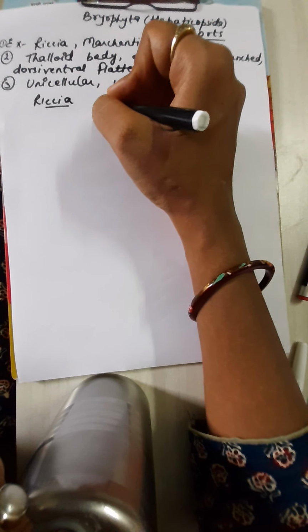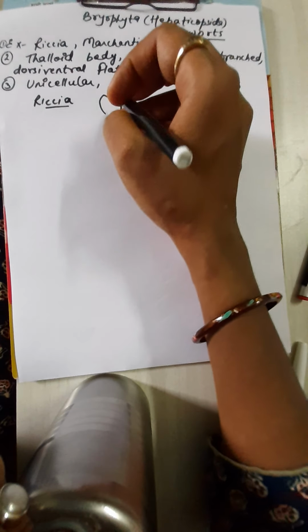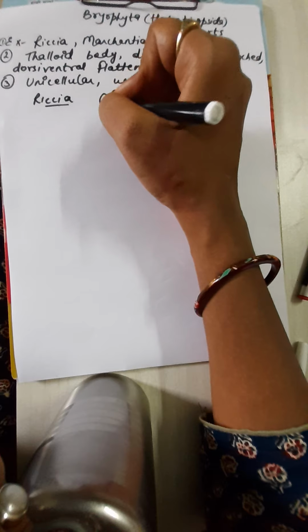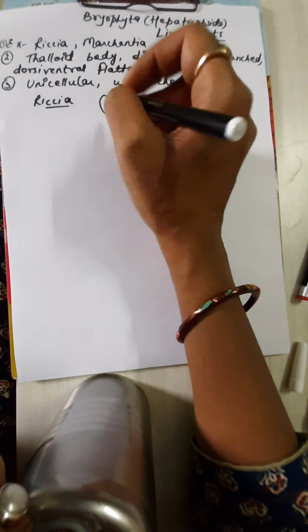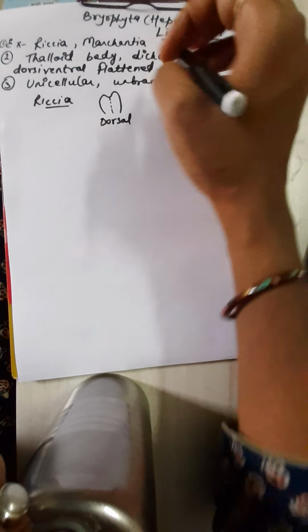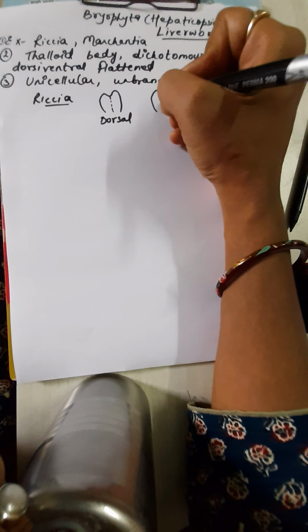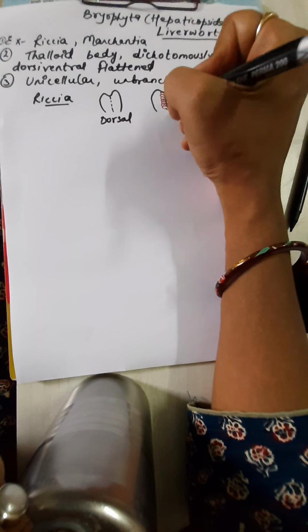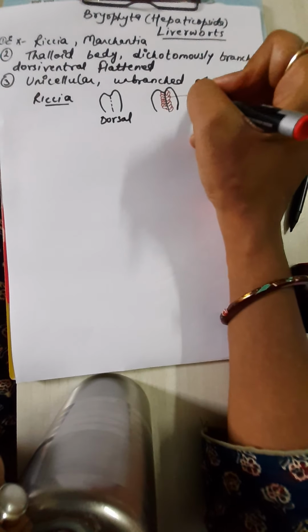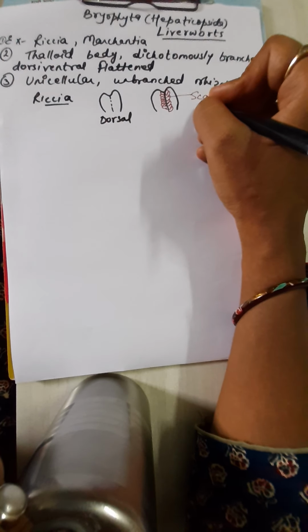So actually it has grooves. Okay, here is a groove and it is the dorsal side. And this is the ventral side with scales. The scales are violet because of presence of anthocyanin.